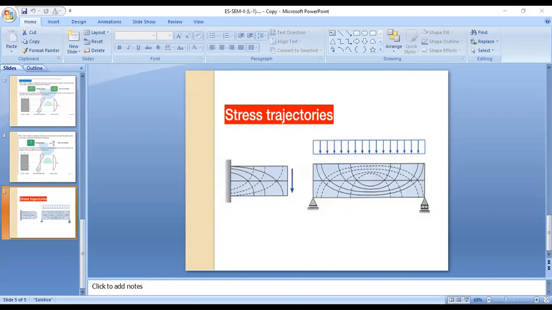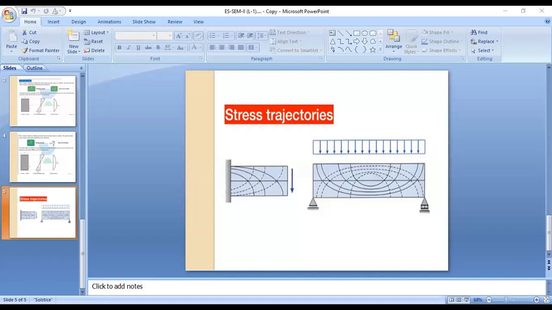Then we can construct a system of orthogonal curves called stress trajectories. Full stop.